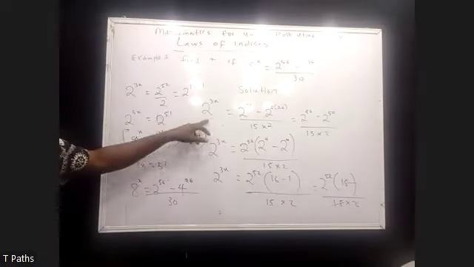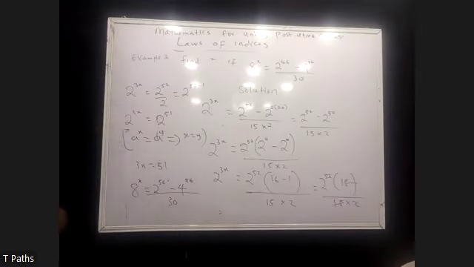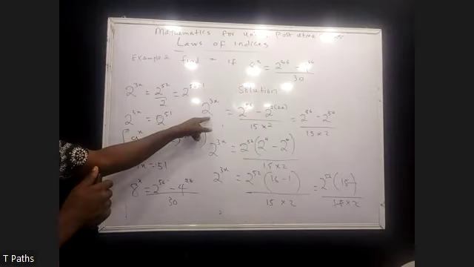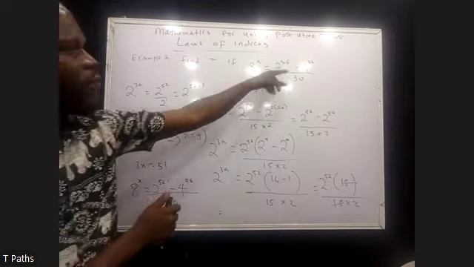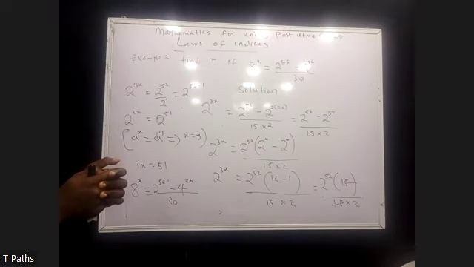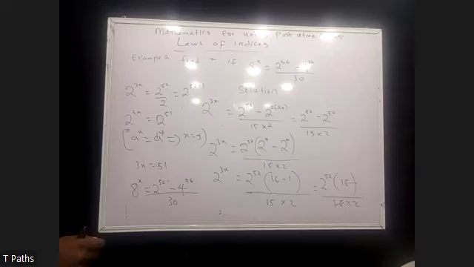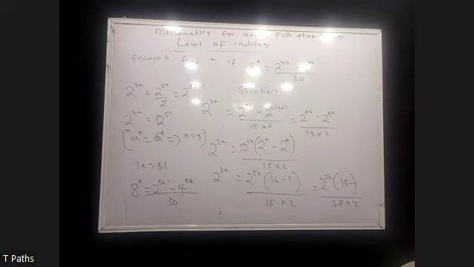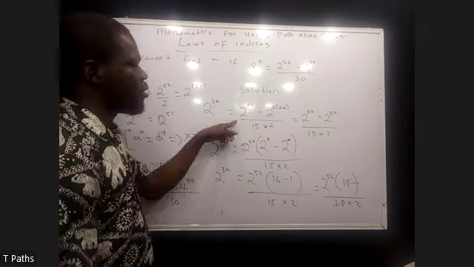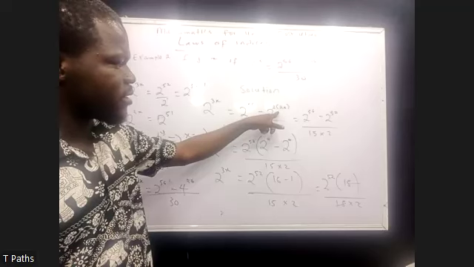So this is the question. The next step is that 8 is the same thing as 2 raised to power 3, so 2 raised to power 3x. 4 you can turn to 2 raised to power 2. Then 30 is 15 times 2. Do you understand this part?